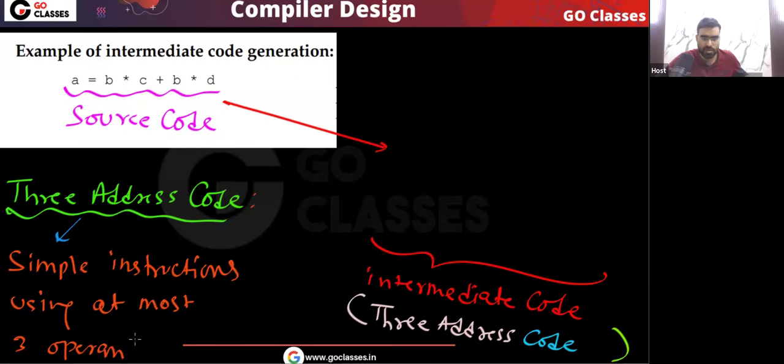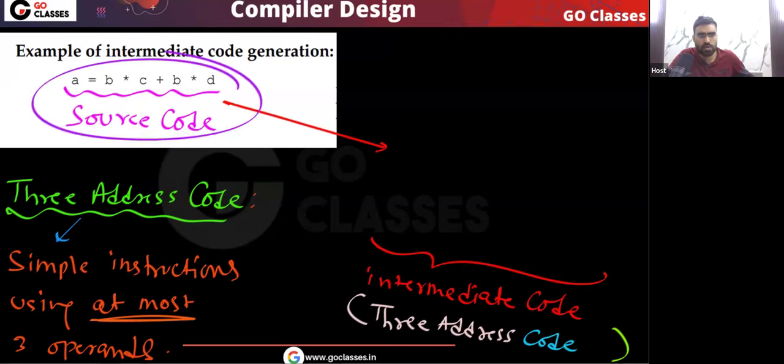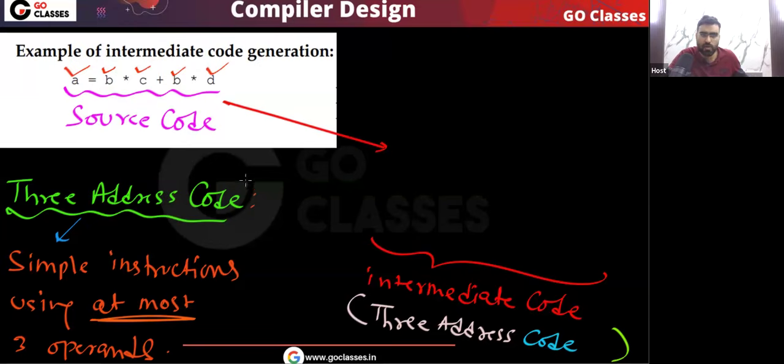Is this clear? For example, how many operands are here? In this source code, how many operands are there? Total, 5 operands are there.